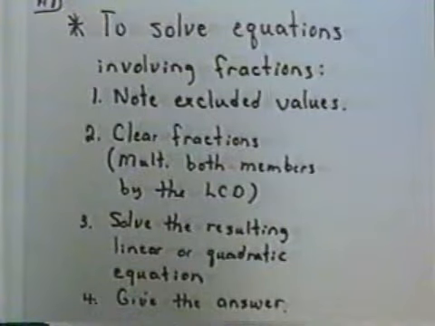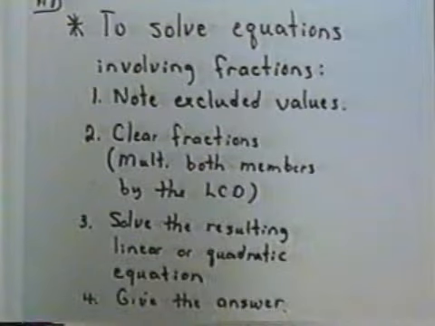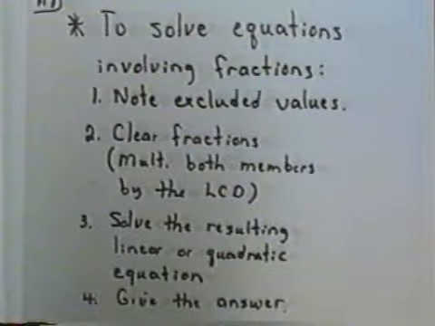I'm going to start you with a starred rule. So this is something that you need to memorize. You need to put it on your study sheet, and you need to go over it several times. To solve equations involving fractions, the first step is to note excluded values. The second step is to clear fractions.